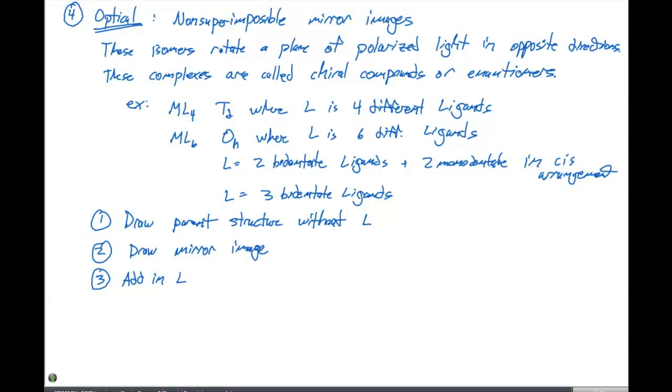If you have a tetrahedral molecule where I have my transition metal center, I'm going to have 4 bonds to that. 2 of them are going to be in the plane of the page. 1 is going to come out of the page. 1 is going to go back into the page. Draw that parent structure. Then draw what its mirror image would look like. So typically we use a mirror and we draw it kind of like this.